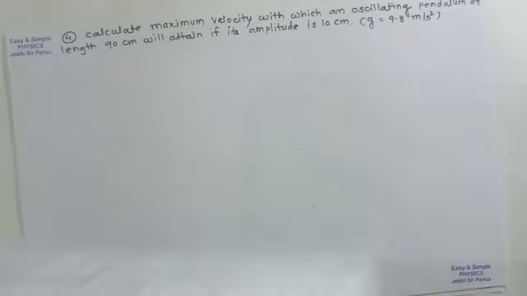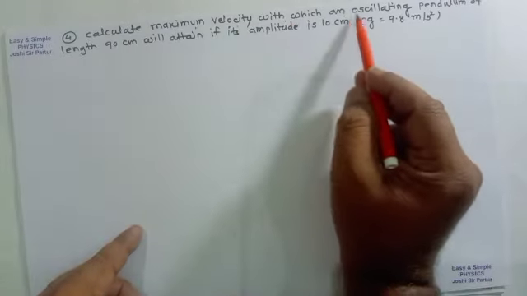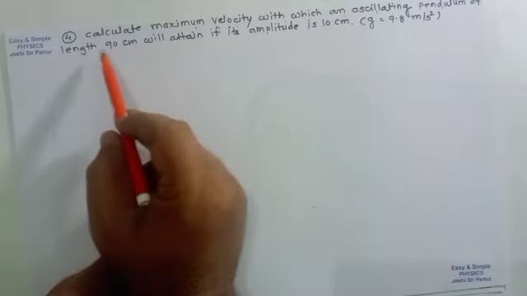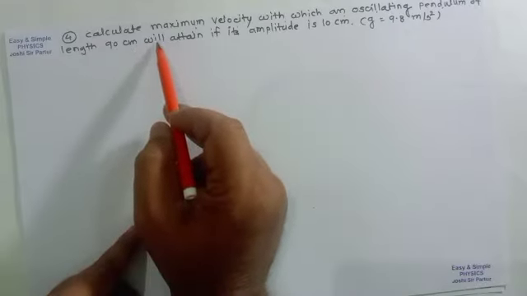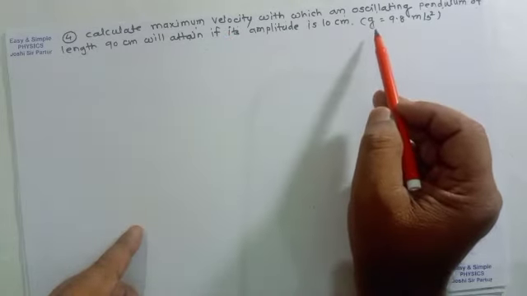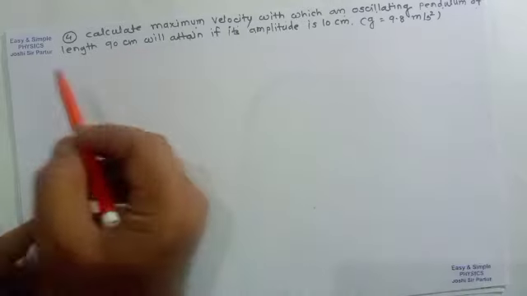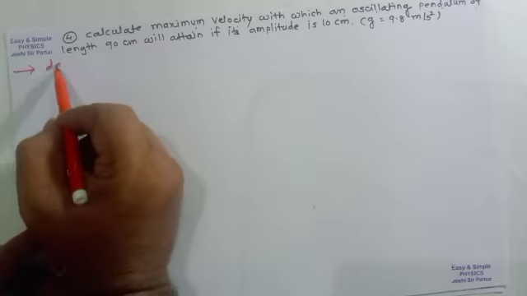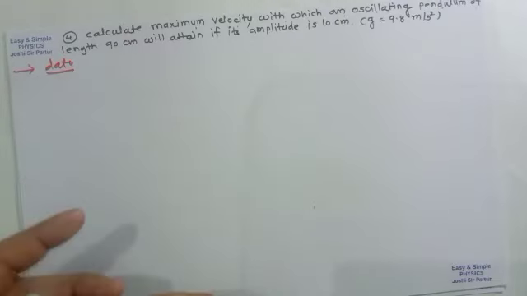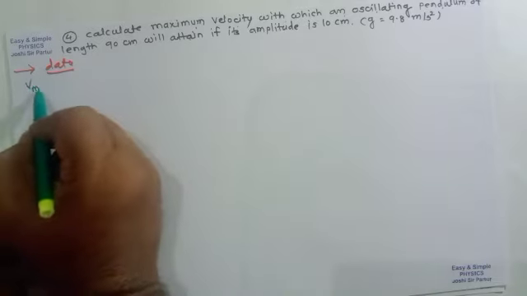If we solve another example, that example is: calculate maximum velocity with which an oscillating pendulum of length 90 cm will attain if its amplitude is 10 cm and the value of g is 9.8 meter per second square. So if we write the data here, we see calculate maximum velocity.